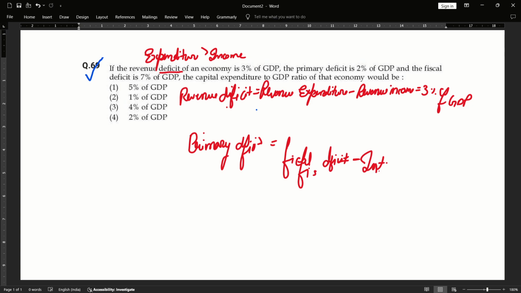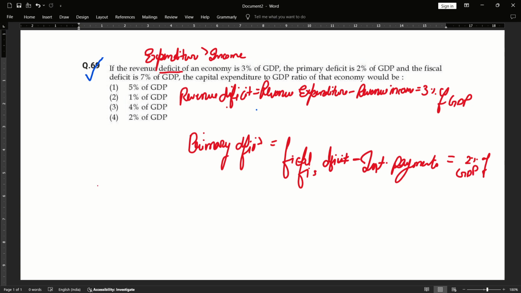Okay, what is happening? Interest payments and fiscal deficit is which is equal to 2% of GDP.